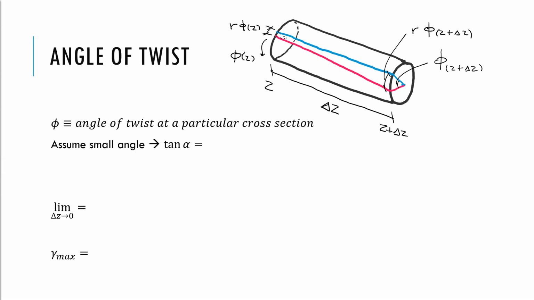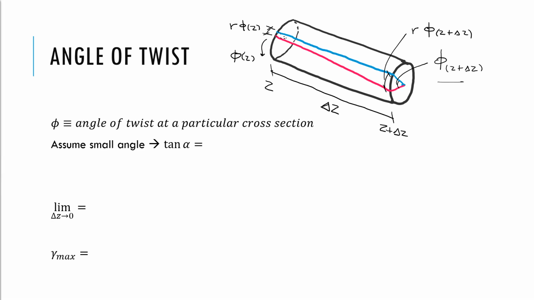Back here at the far end, I'm calling this point Z. The length is delta Z, so on the right-hand side, you're at Z plus delta Z. At both sides, we could have some rotation, and that angle of rotation measured in the cross-sectional plane between the initial position and the final position is given by the angle phi.